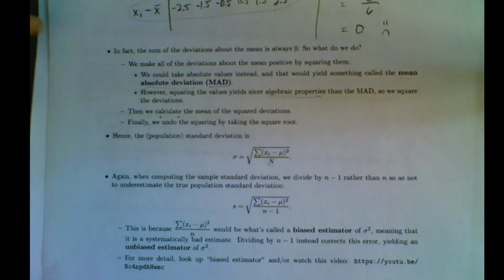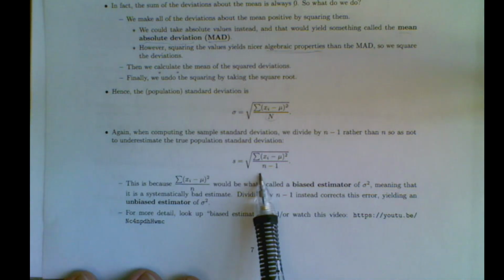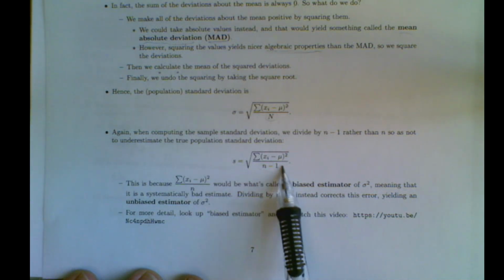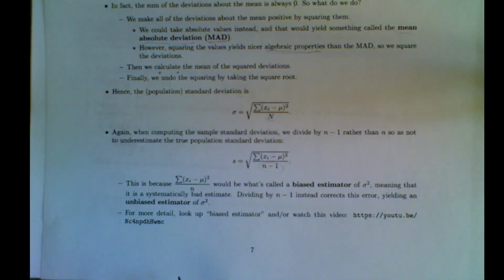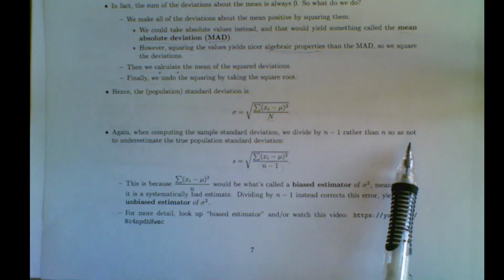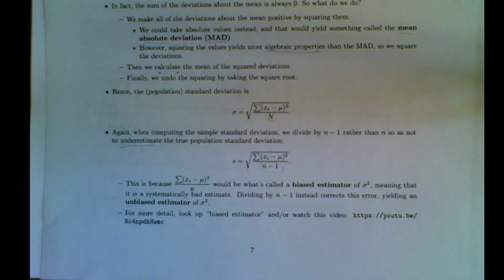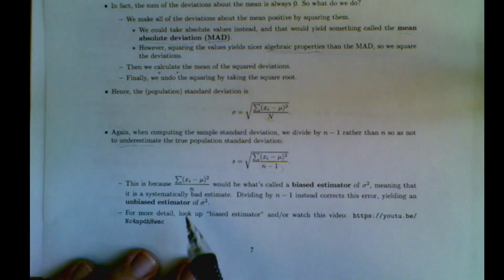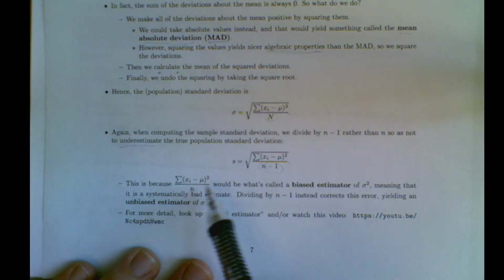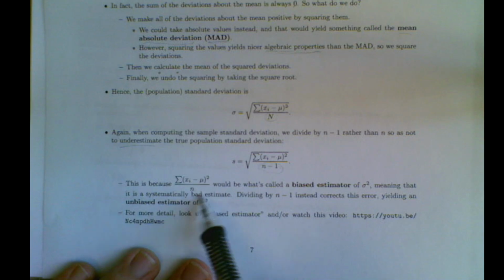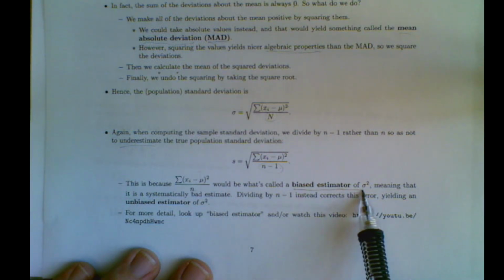One last thing to say about the formula. For the sample standard deviation, we divide by n minus 1 instead of by n. And we do that, as we mentioned earlier in the lecture, so as not to underestimate the true population standard deviation. If we divided by n instead of dividing by n minus 1, the result would be what's called a biased estimator.